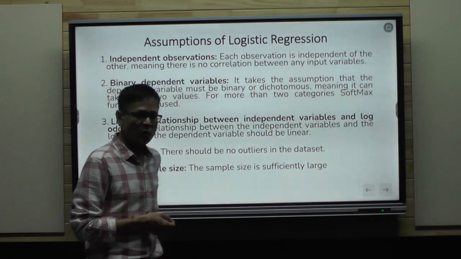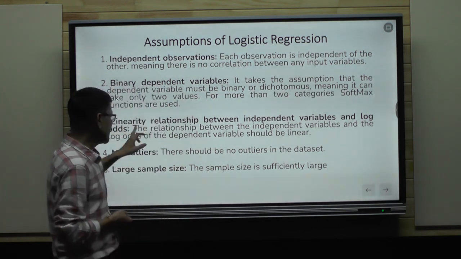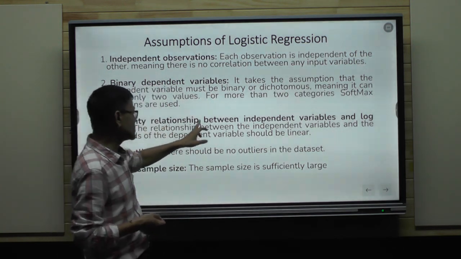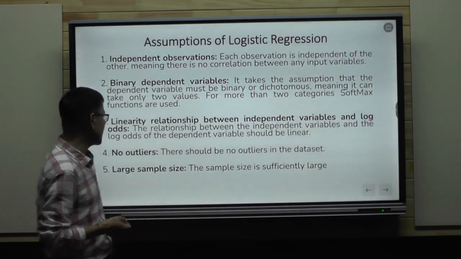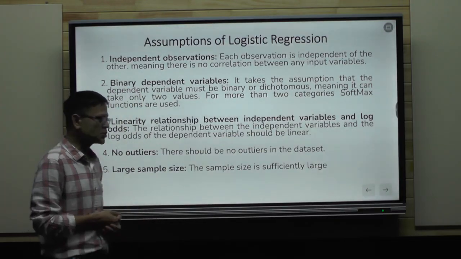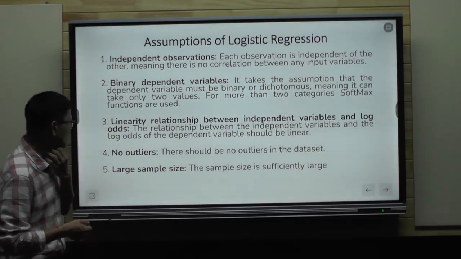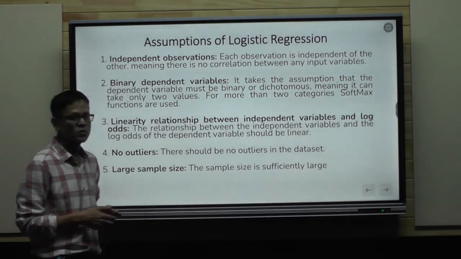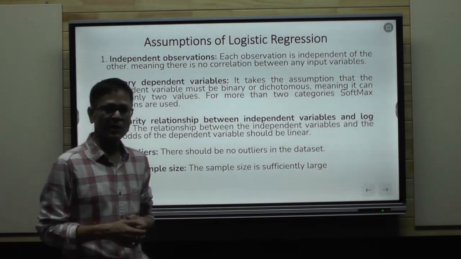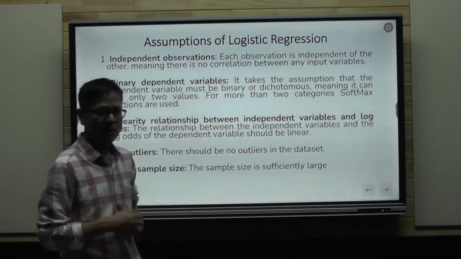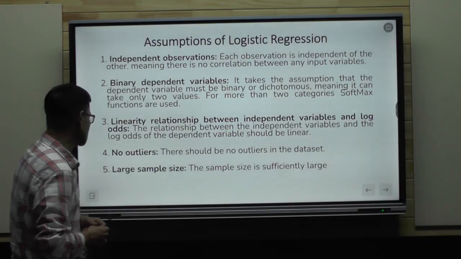Then linearity: the relationship between the independent variables and the log of odds for the dependent variable should also be linear. It cannot be non-linear. So this is the third assumption.